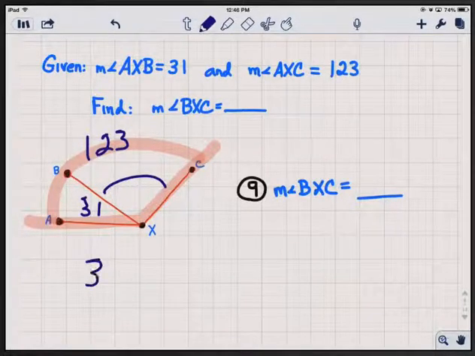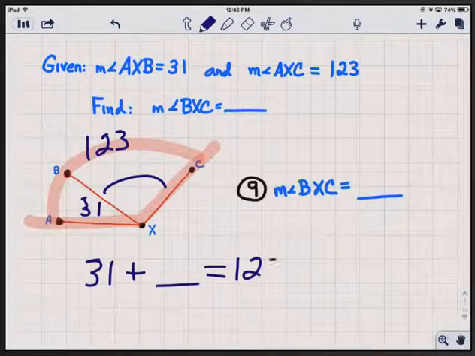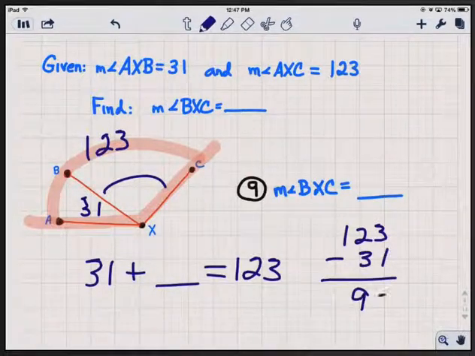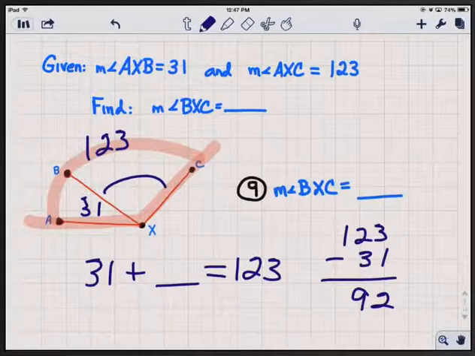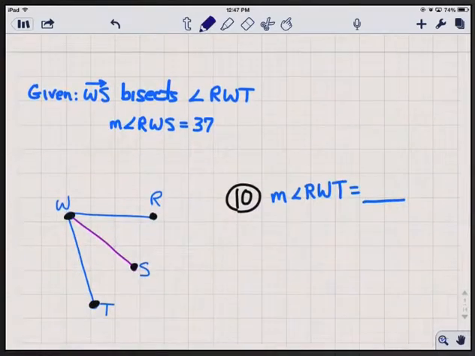So in other words, 31 plus something equals 123. In other words, 123 minus 31, which gives you 92, is the measure of angle BXC. Next problem.